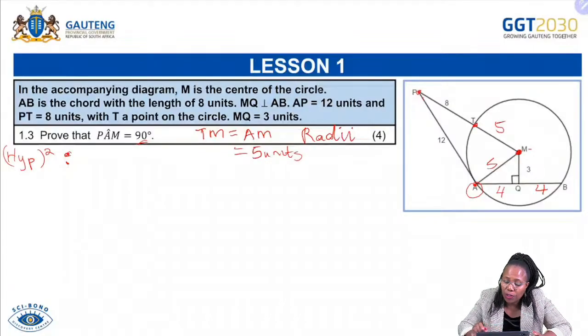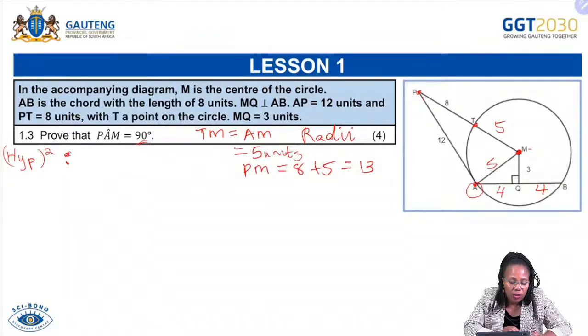Therefore, we can conclude that PM will be equal to 8 plus 5, which is equal to 13, correct? So now we are having the hypotenuse side squared. Which side is the hypotenuse now? The hypotenuse side is PM. Let's find the value of PM squared now.